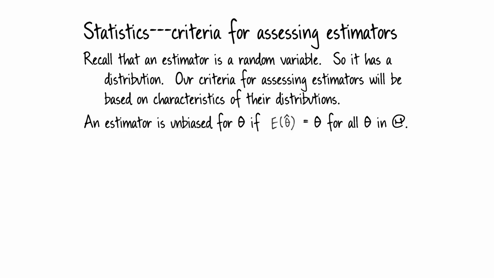Theta hat is our estimator, and that notation serves two roles. It stands for the function of the random sample, and it stands for a particular number, the estimate, once we plug in the realizations into the function of the random variables. In this case, it's serving the role of the estimator. Remember, the estimator is a random variable, so it has a distribution. So we're saying if the expectation of that estimator, theta hat, is equal to the parameter we're trying to estimate, theta, and that's true for all possible values of theta, then we call this estimator unbiased.